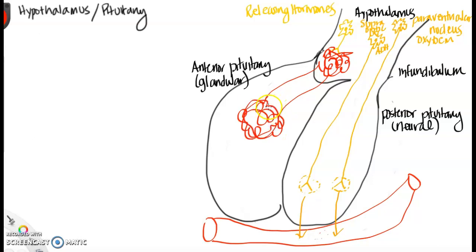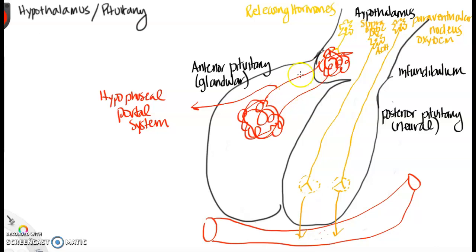This system right here is called the hypophyseal portal system. A portal system is two capillary beds that are connected, and that is what this is, the hypophyseal portal system.